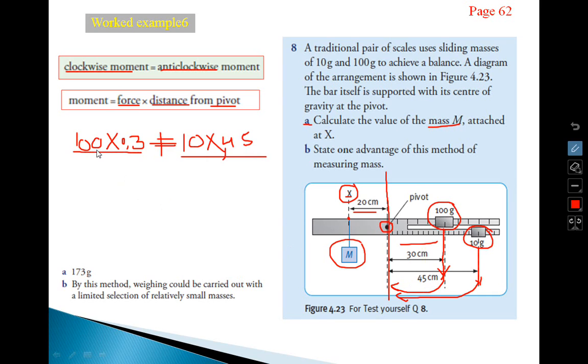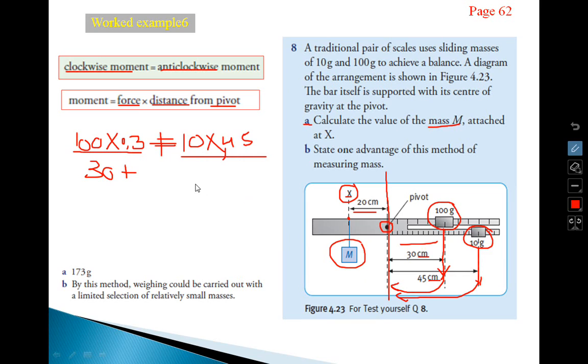So 100 times 30 centimeter or 0.3 meter is equal to what? 30 plus 10 times this centimeter. Change them to meter, or leave them in centimeter.